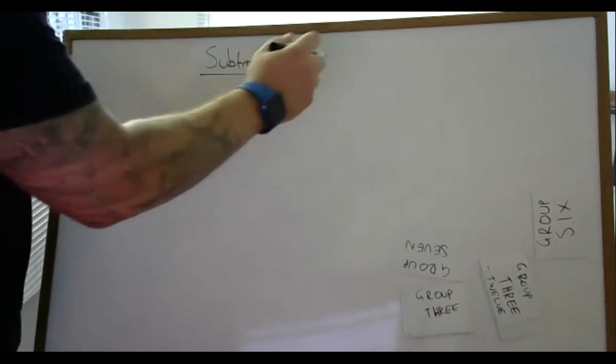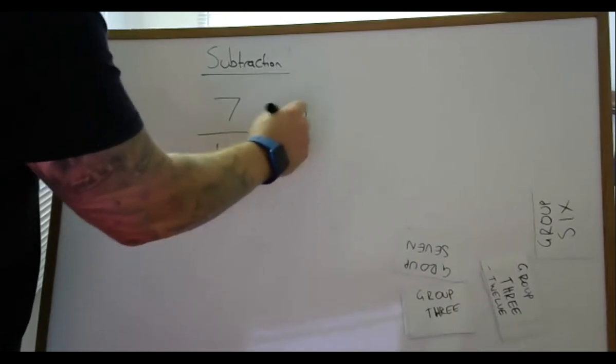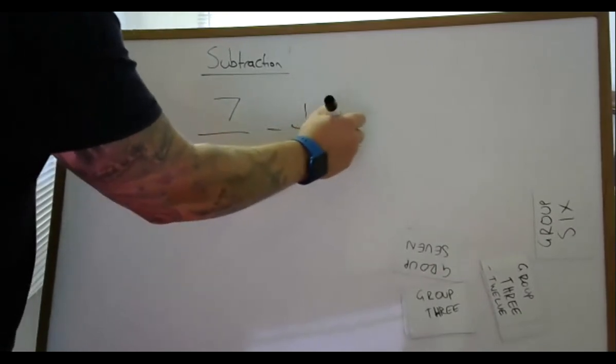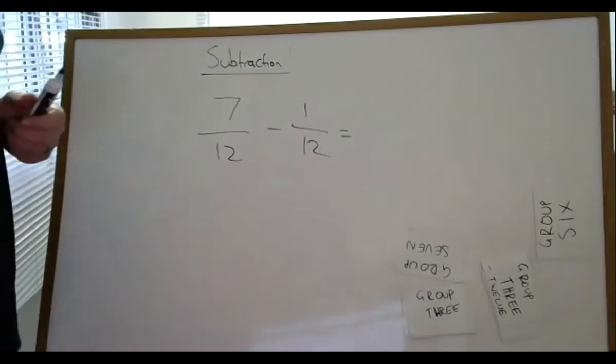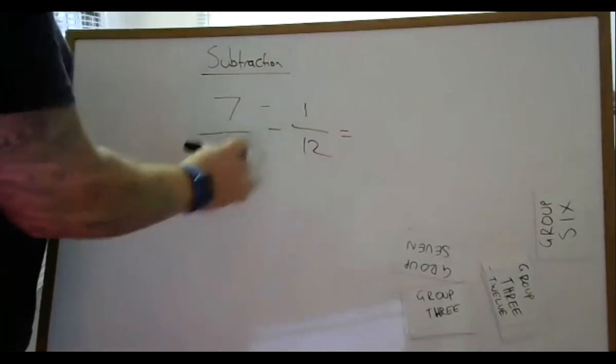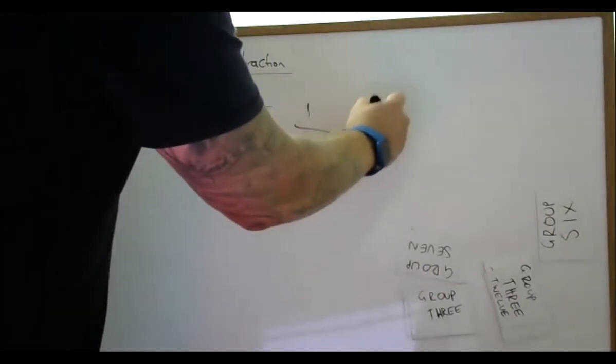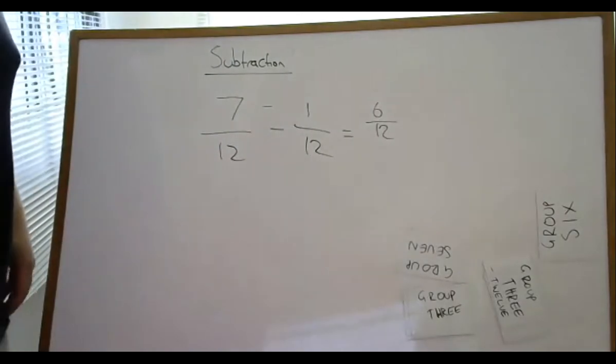So we have 7 over 12 minus 1 over 12. Nice and easy. We simply take the 7 minus 1. The 12 stays the same, and it becomes 6 over 12. Nice and easy.